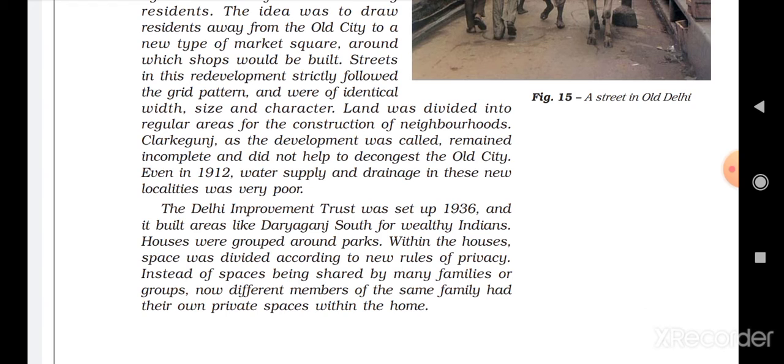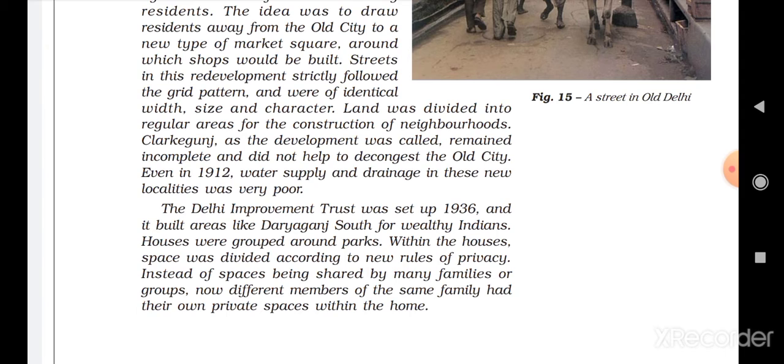Clarkganj, named after Robert Clark, remained incomplete and did not help to decongest the old city. What he wanted was to attract the old city people towards New Delhi, but it did not work out, and that is why it is still incomplete.